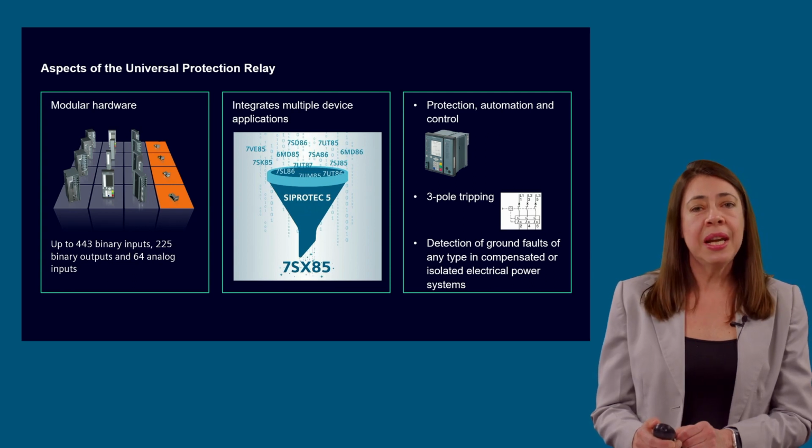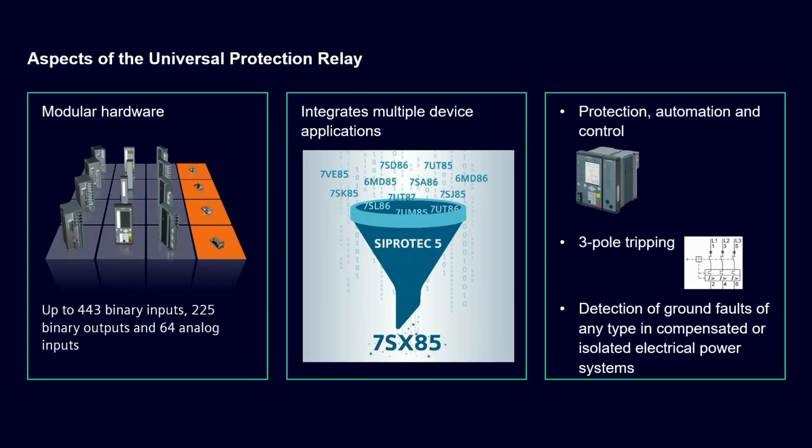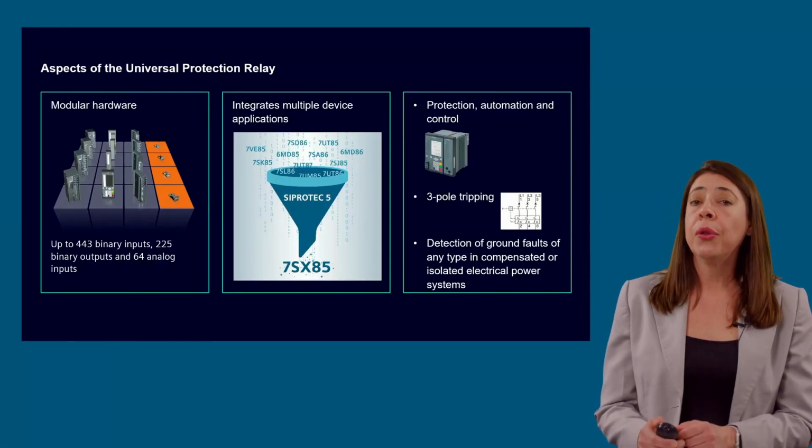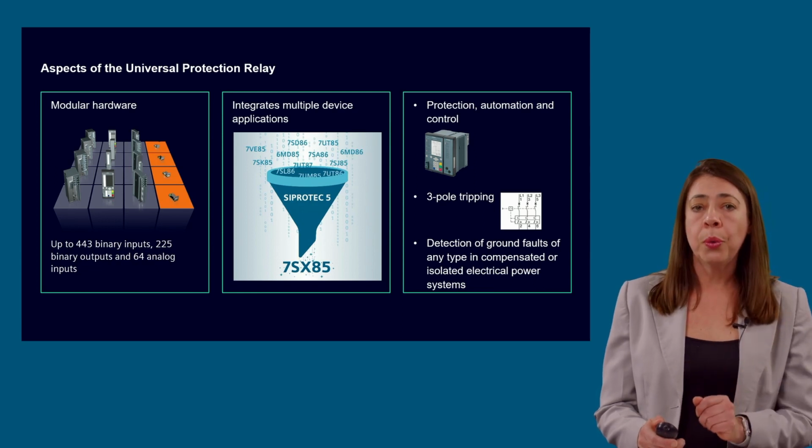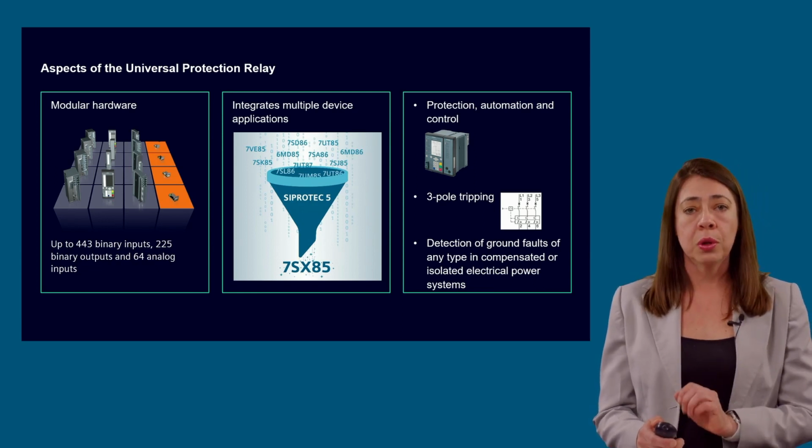The Universal Relay 7SX85 belongs to the SIPROTEC 5 family and enjoys the same modular hardware. The basic module can be ordered in 3 different versions. The first one with only 8 currents and no voltages. The other 2 versions, both with 4 currents and 4 voltages.